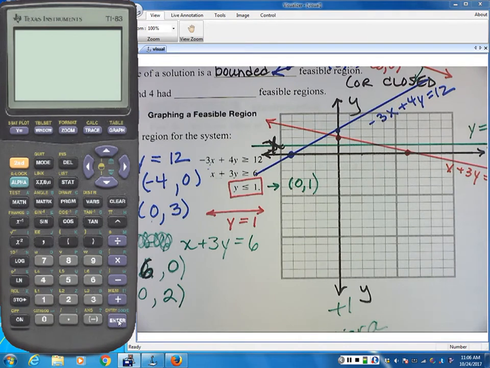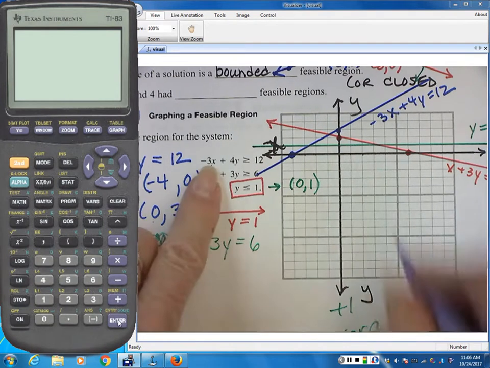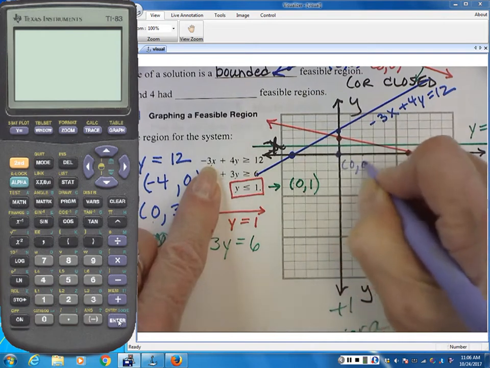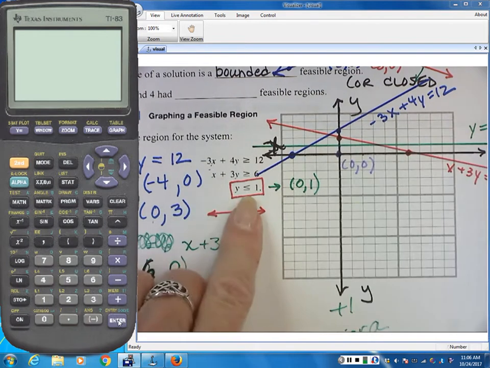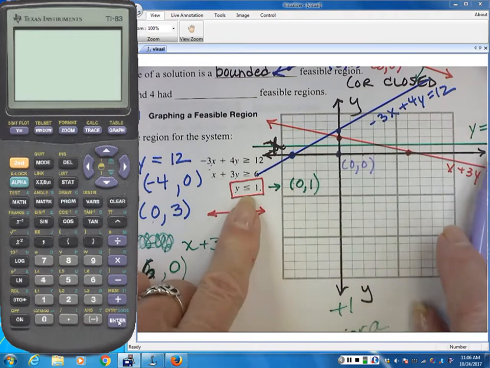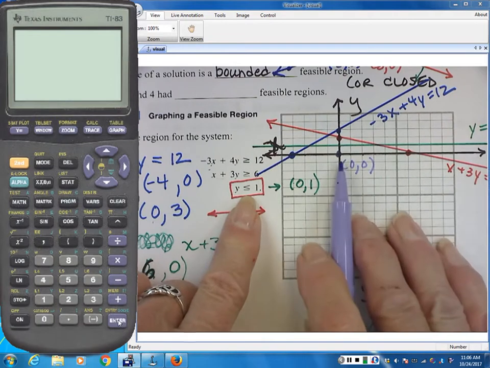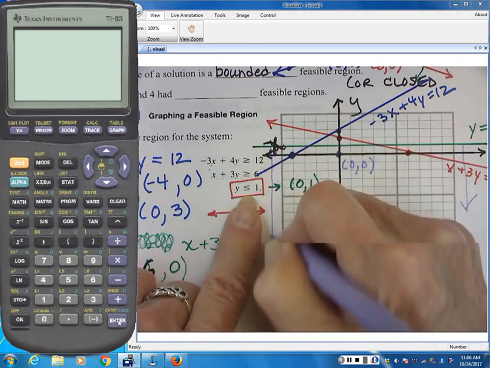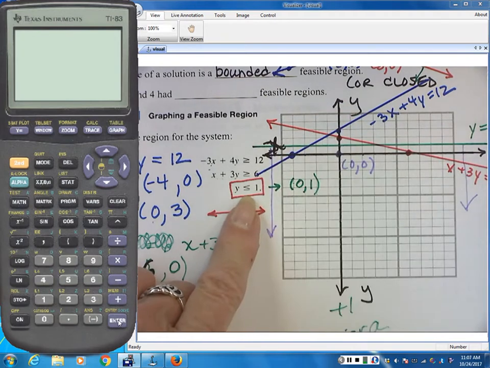I'm going to test 0, 0 in all of these inequalities. Looking at the green line, y equals 1, 0, 0 is below that line. So from the green line down. I'm not going to go above the green line.